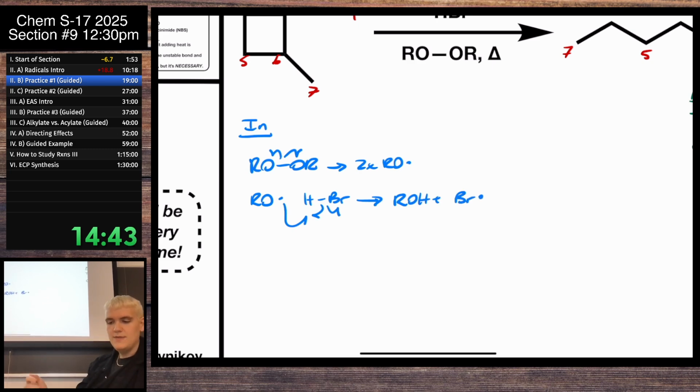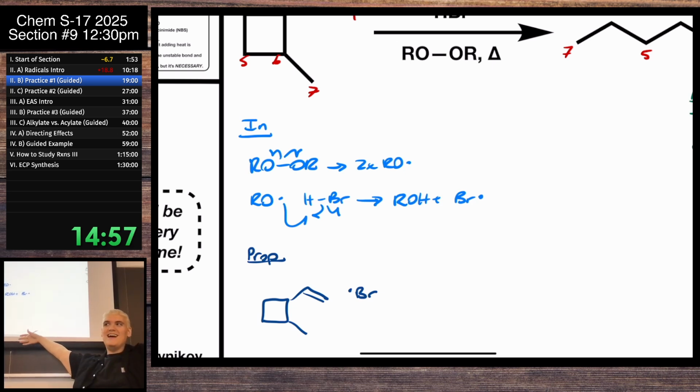And we are ready for propagation. So we have our starting molecule with Br dot. Did that feel very fast? Yes. But that's intentional because it's something that you're going to memorize and get really fast, or you could write in like 15 seconds on the test and then focus on thinking through more of the reaction.